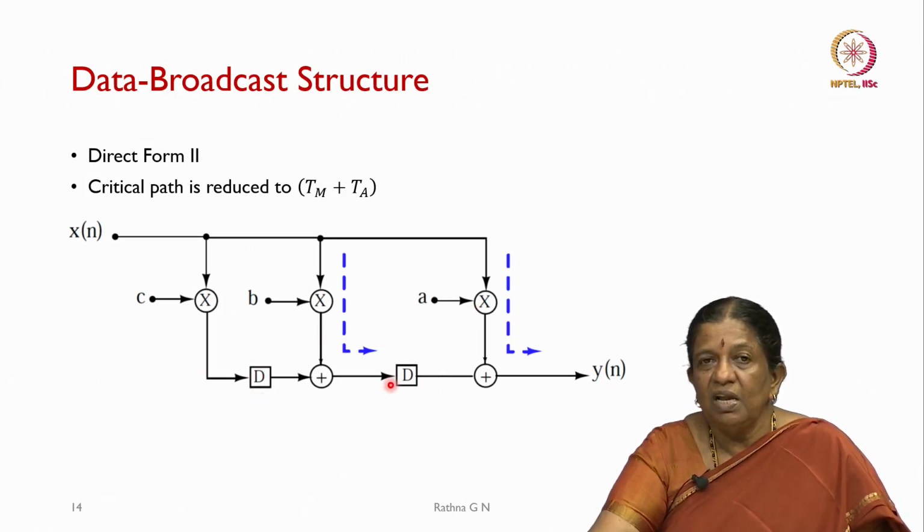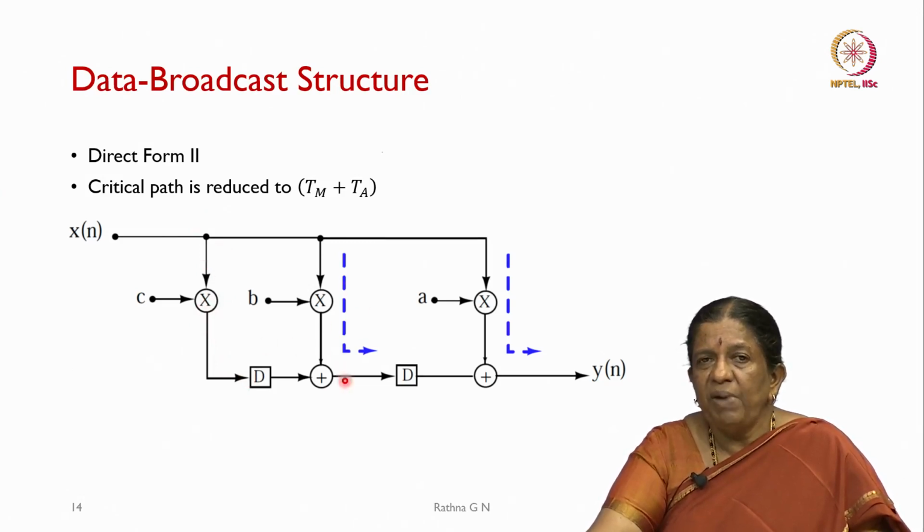This is the original. Now, you see the critical path in this case is going to be 1 multiplier and 1 adder. This is from input to output, and then from input to latch is also 1 unit, and here also input to latch has only 1 multiplier delay.